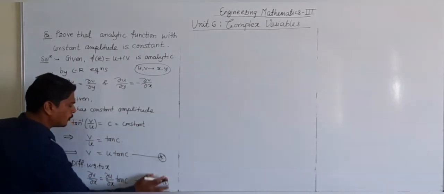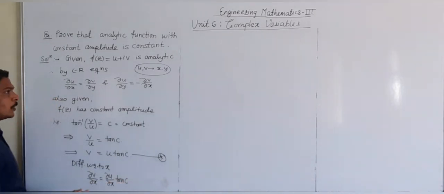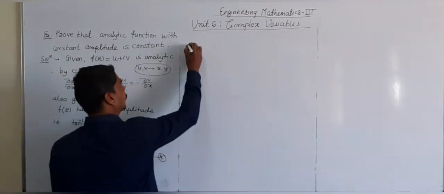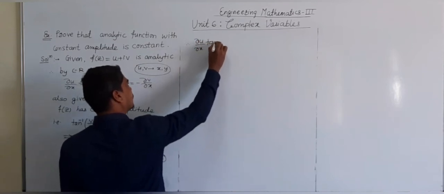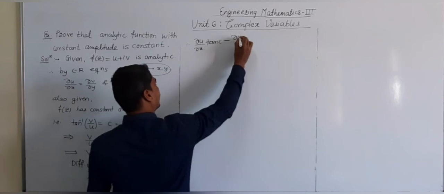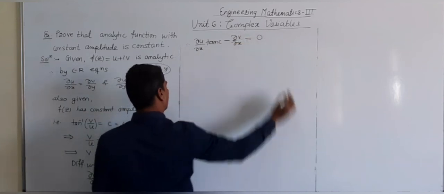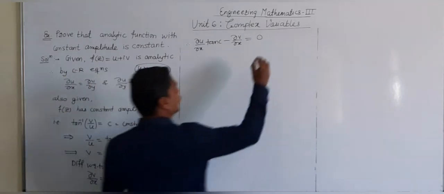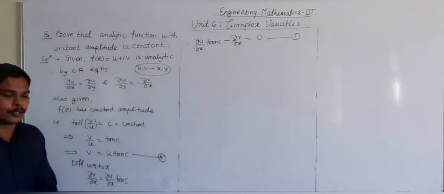Now before that I will shift this to the left side. Therefore partial derivative of u with respect to x into tan c minus partial derivative of v with respect to x is equal to 0. And this becomes our equation number 1.